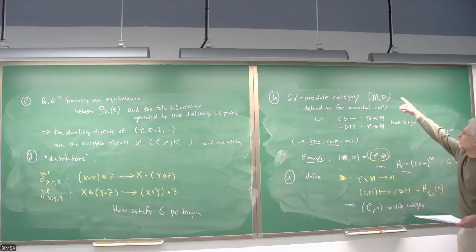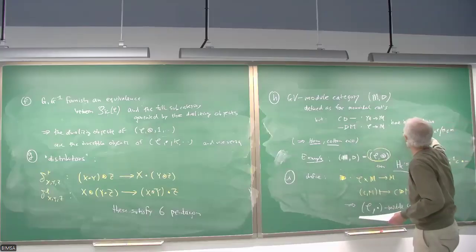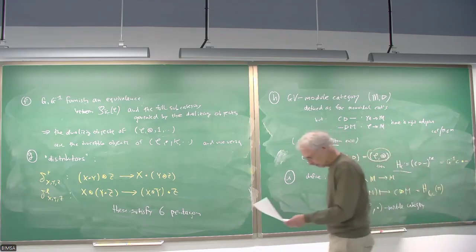And this is defined by just the dual version of that. So we say that instead of right adjoints, we require left adjoints.